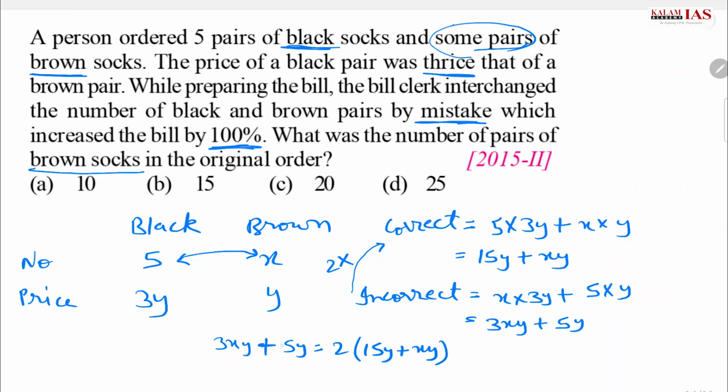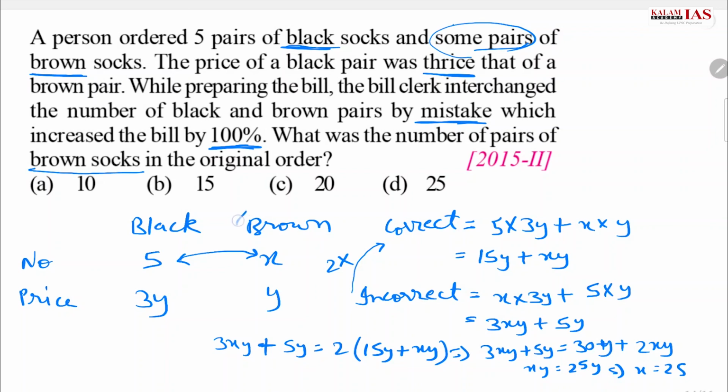Now we simply solve it. 3xy plus 5y equals 30y plus 2xy. Rearranging, we get xy equals 25y. That means x equals 25.